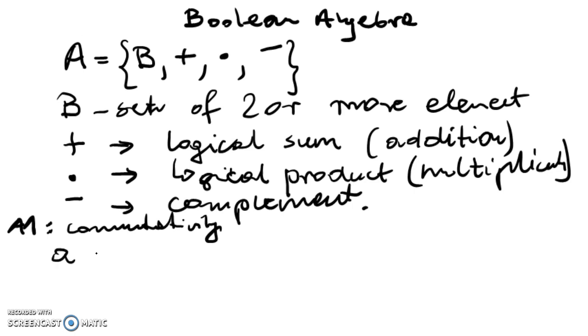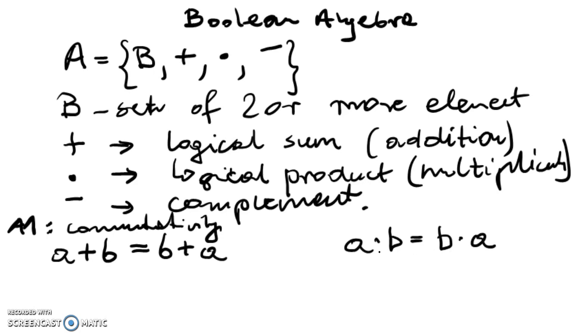It says that A plus B, whatever plus actually is, must be equal to B plus A. So the order is unimportant when you perform the operation. The result will be the same. And the same for logical product: A times B must be equal to B times A. In our algebra it is satisfied, so it is very simple to memorize for you.